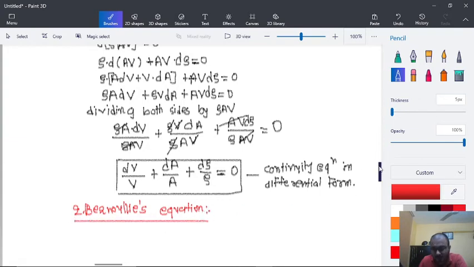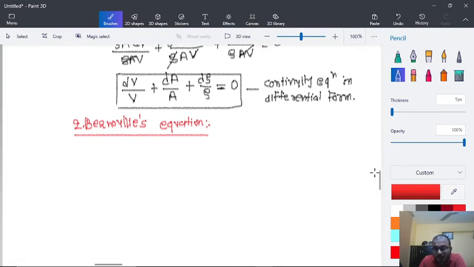So here we will write down the differential form that we have derived in our previous chapters, that is dP by rho plus V dV plus G dz is equal to 0.